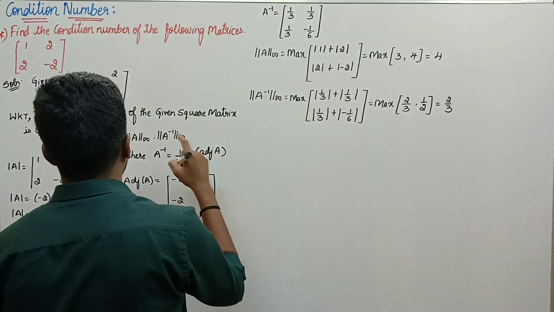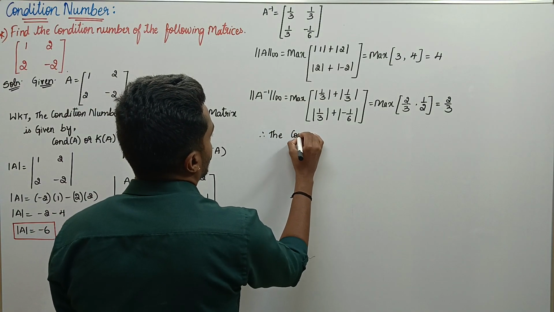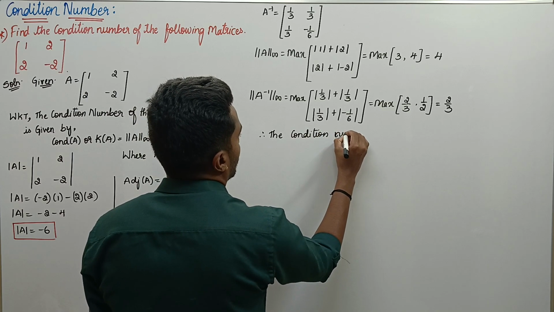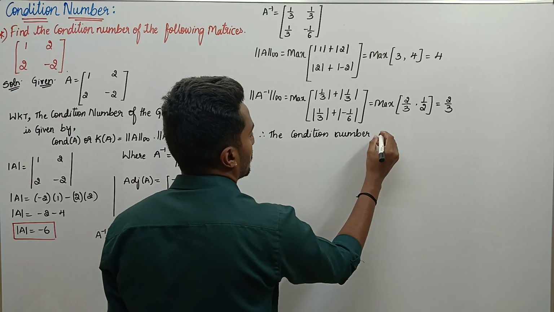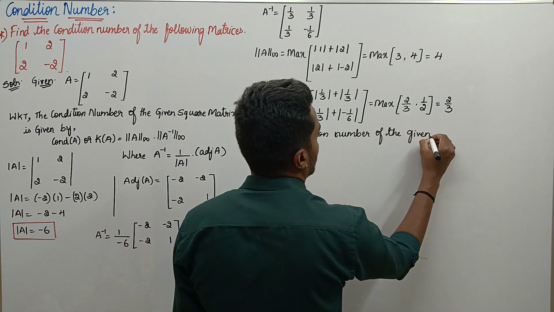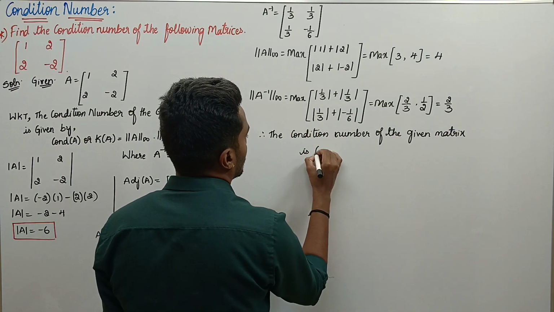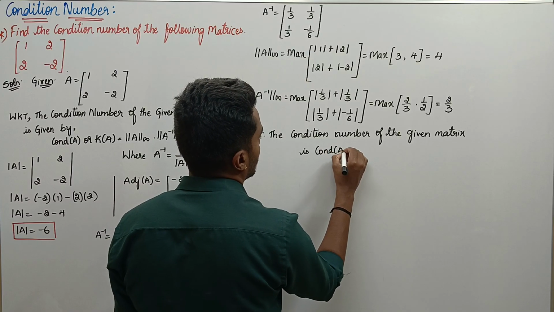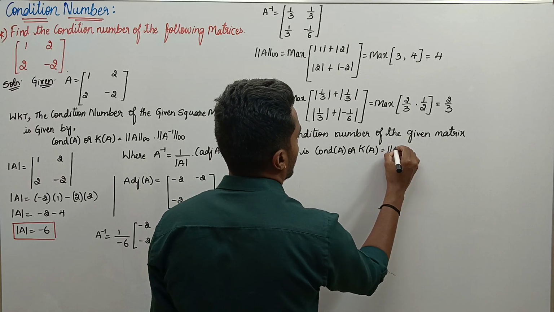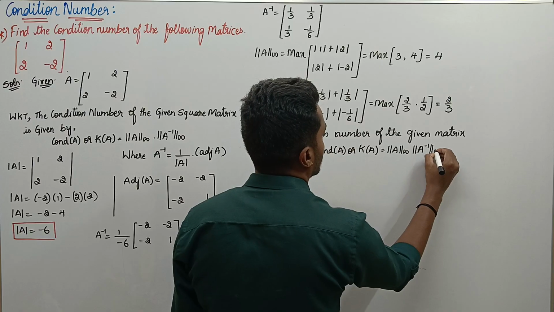Then now the condition number of the given matrix is condition of A or K of A, which is equal to norm A infinity into norm A inverse infinity.